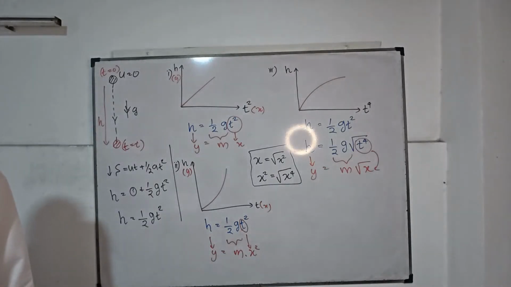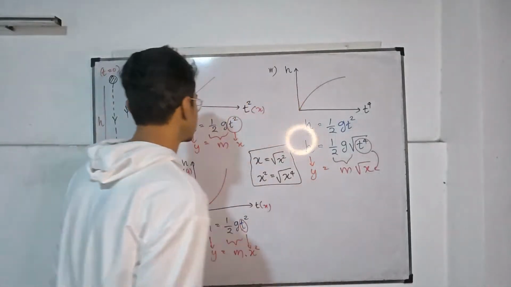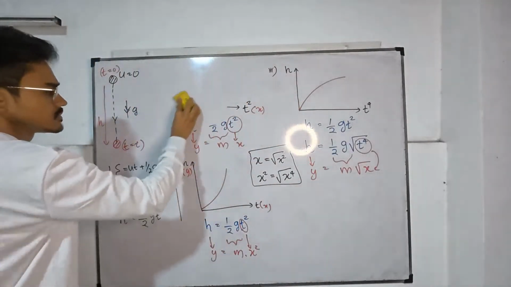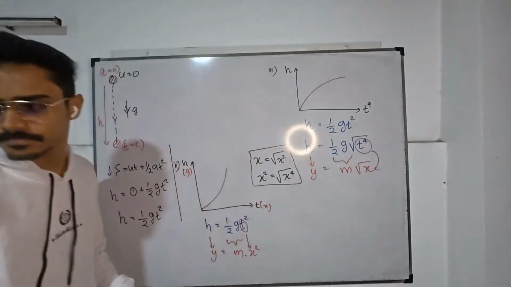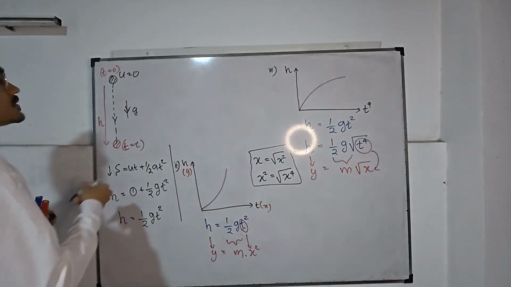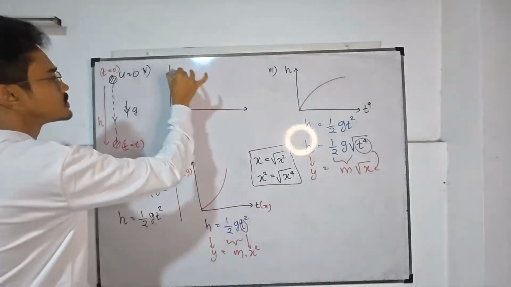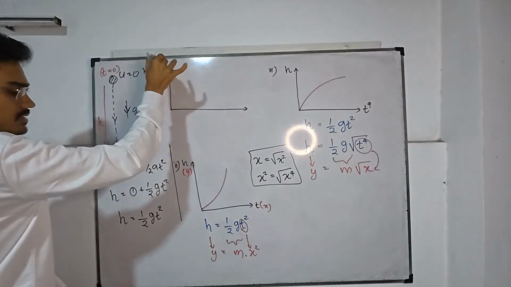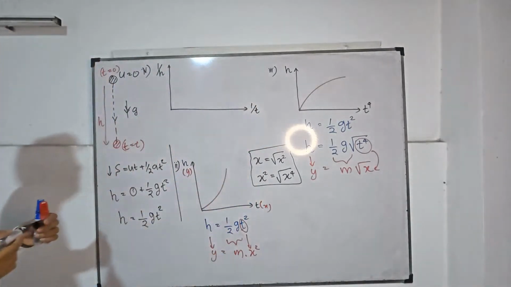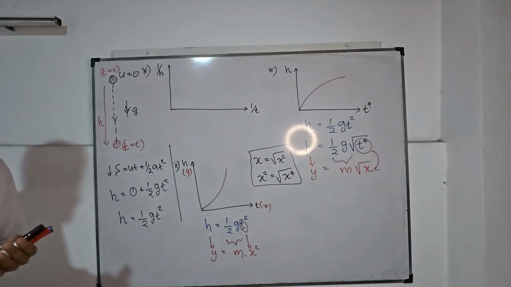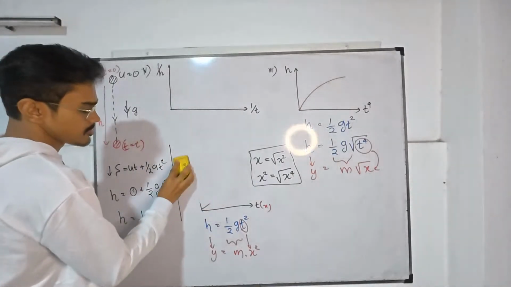Next one. 1 over h with 1 over t. I'll erase the first one. Fourth one and the last one. 1 over h with 1 over t.